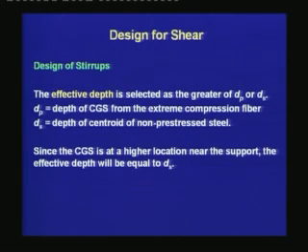We have two depths for the two types of steel. One is for the prestressing steel and another is for the non-prestressed steel. Usually at the supports, the depth of the non-prestressed steel is larger than the depth of the prestressing steel, and hence the effective depth can be considered as the depth of the non-prestressed steel.